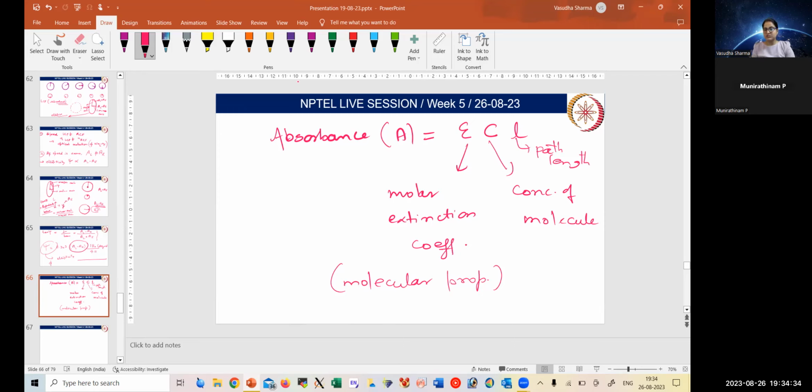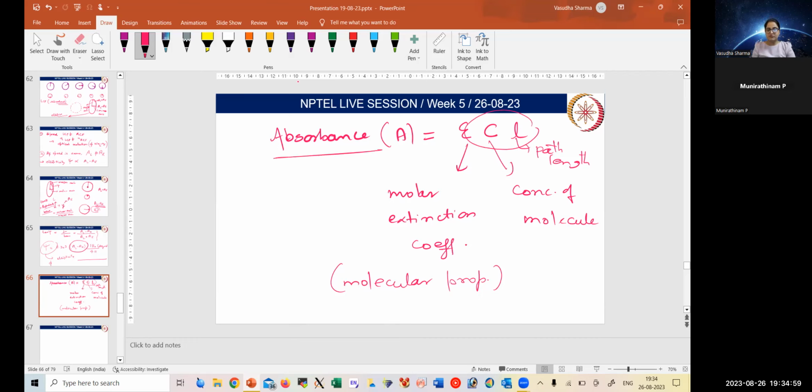So these two can both be constant, but the epsilon value differs between molecules. Say, for example, I've taken solution A and solution B, and I'm keeping the concentration constant and the path length of the light also constant. So what is the factor that is actually going to change? That is only your molar extinction coefficient, which would be different for each molecule. Even if you try, it won't come out exactly similar for all compounds.